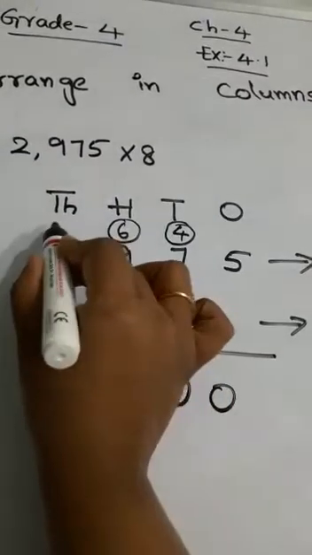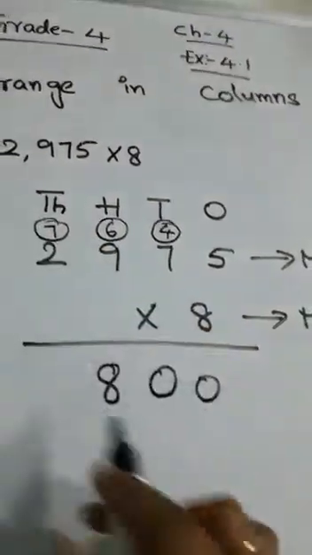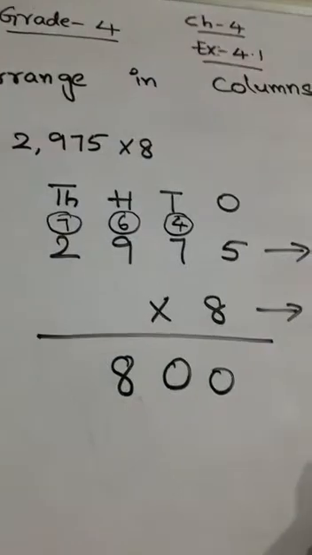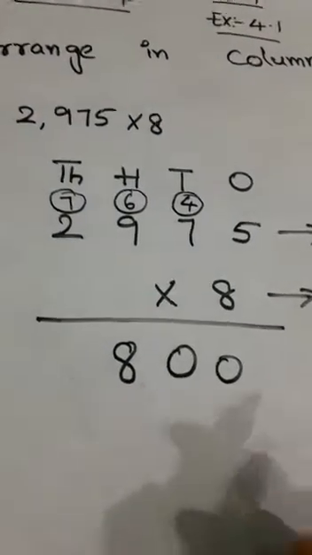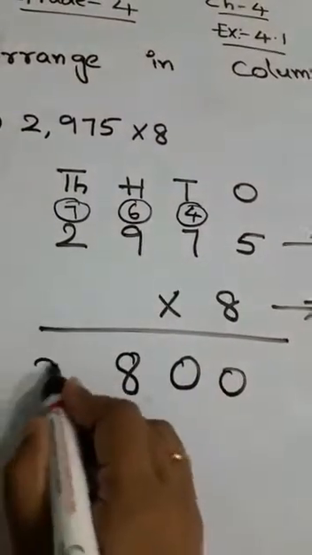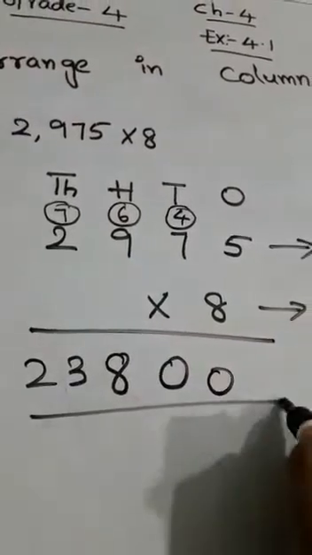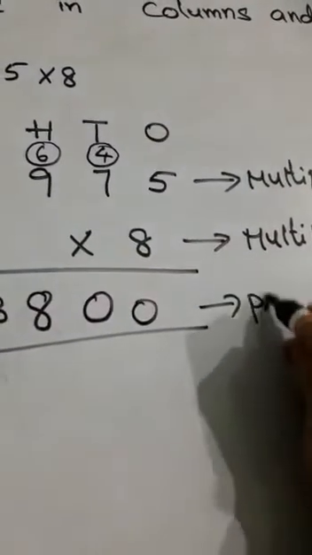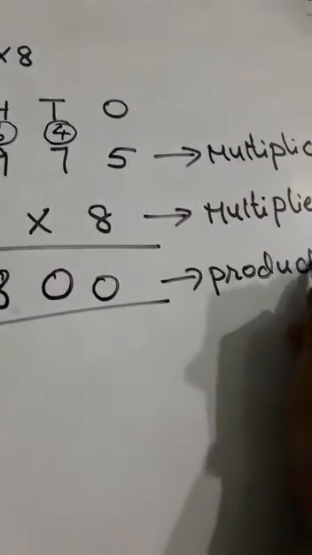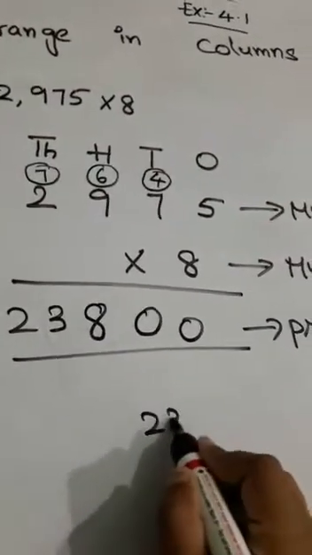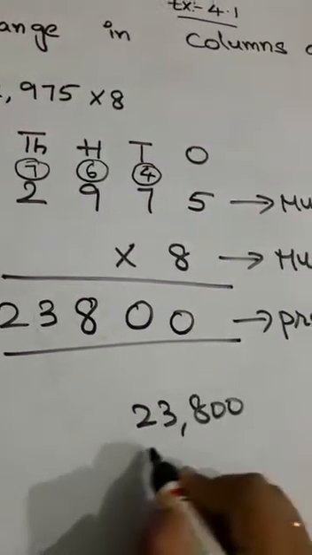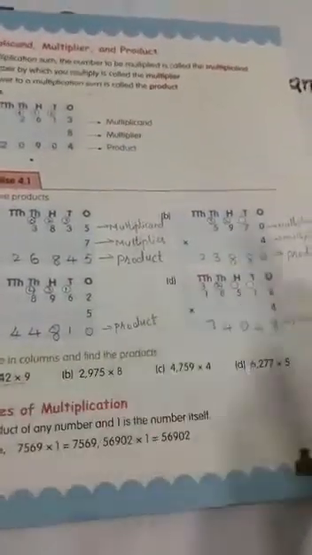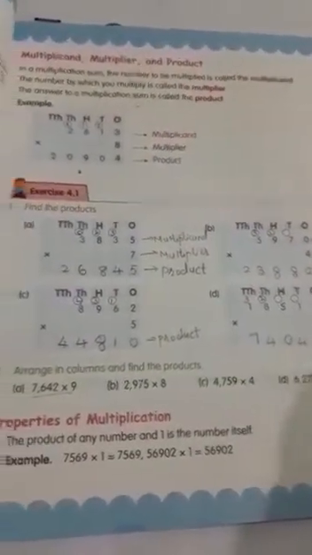So 8 here, 7 carry. 8 twos are 16. 16 plus 7 is 23. Okay, so this is the product. 23,800 is the product. Okay, C and D you have to do as homework in your classworks.